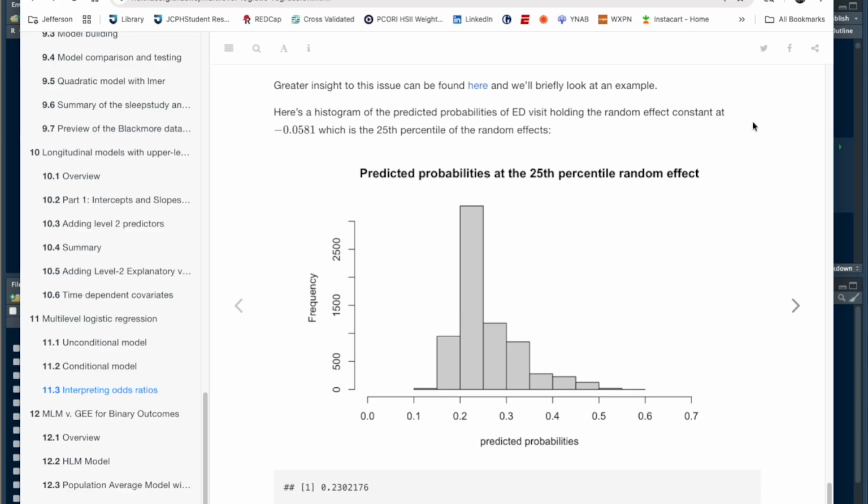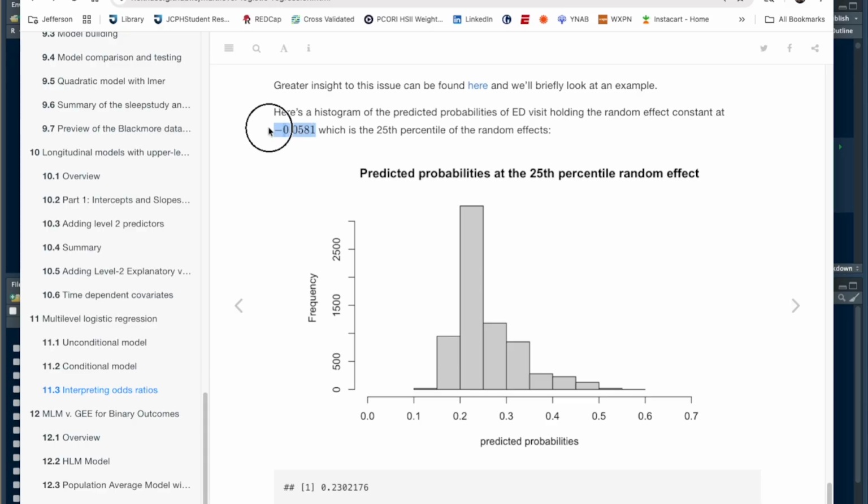So here are the predicted probabilities of an ED visit for anyone in the 25th percentile of random effects. What I did here is I held within the data set, I said we're going to take only people essentially from one cluster. This cluster happens to be a random effect of negative 0.058.